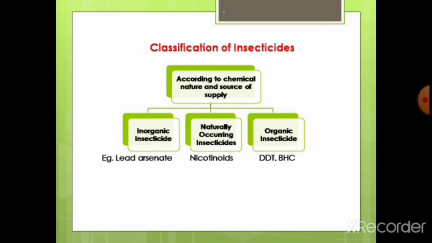Example, nicotinoids. Then the third classification is organic insecticide. Means these are having chemical constituents of organic compounds like DDT, BHC. This DDT is dichloro diphenyl trichloroethane, and BHC is nothing but benzene hexachloride. Means these are having the chemical constituent of organic compounds, hence they are called organic insecticides.